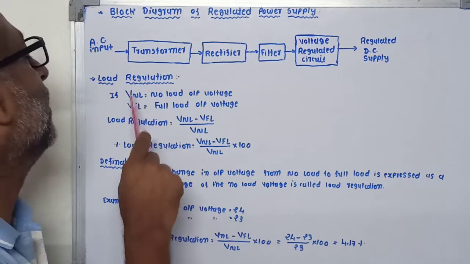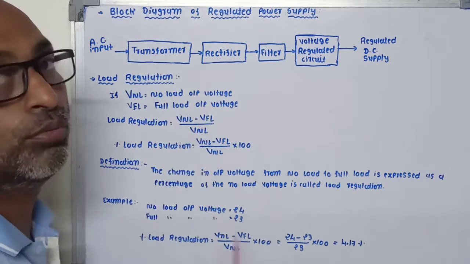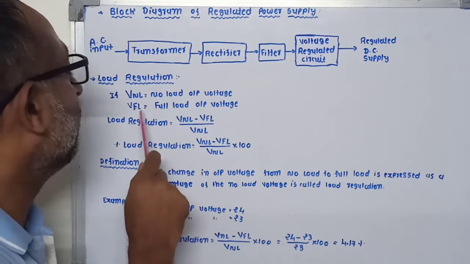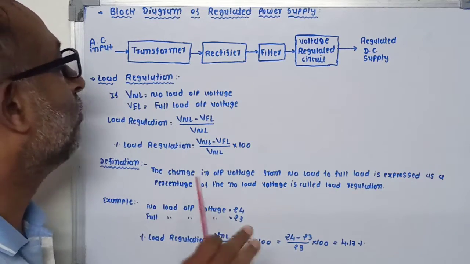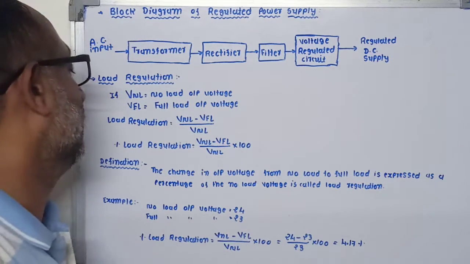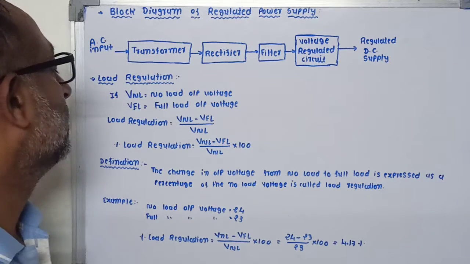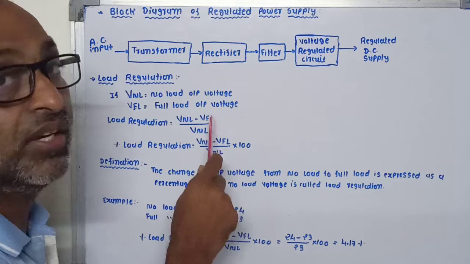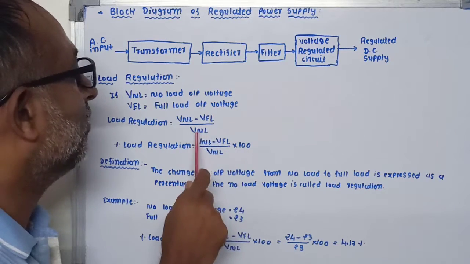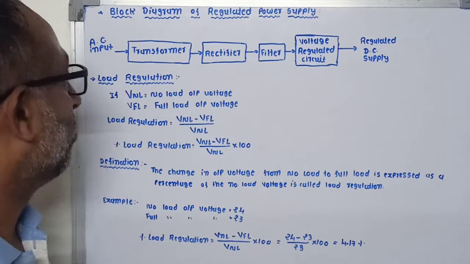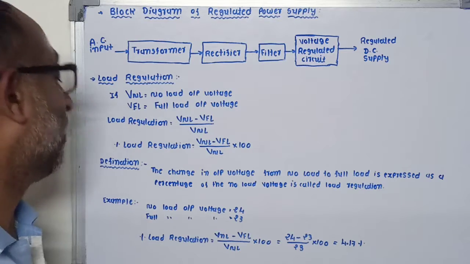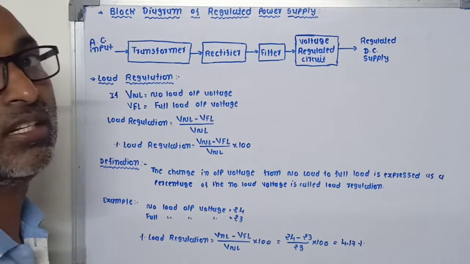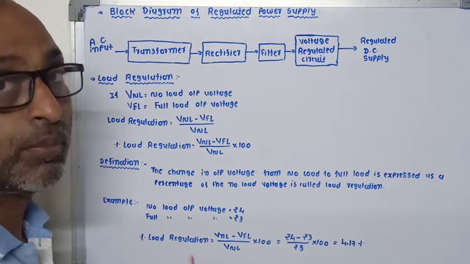If VNL is the no load output voltage, VFL is the full load output voltage. So load regulation can be written as V no load minus V full load divided by V no load. Regulation is always expressed in terms of percentage.